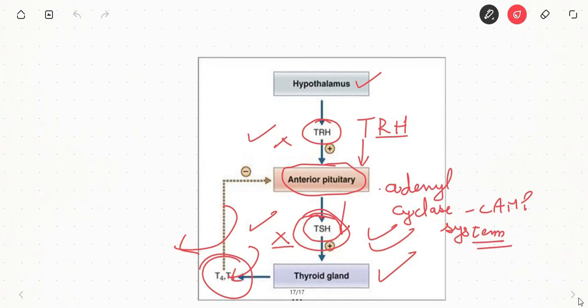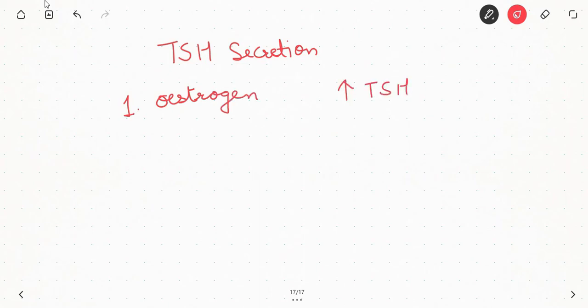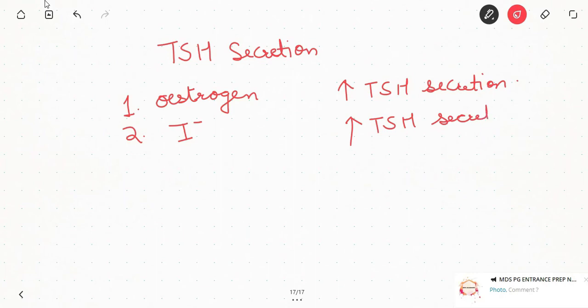Coming to the factors that regulate the TSH secretion. Number one, estrogen increases the TSH secretion. Second, a large dose of iodine decreases the thyroid hormone, thereby decreasing the T4 and T3 concentration and increasing the TSH secretion.